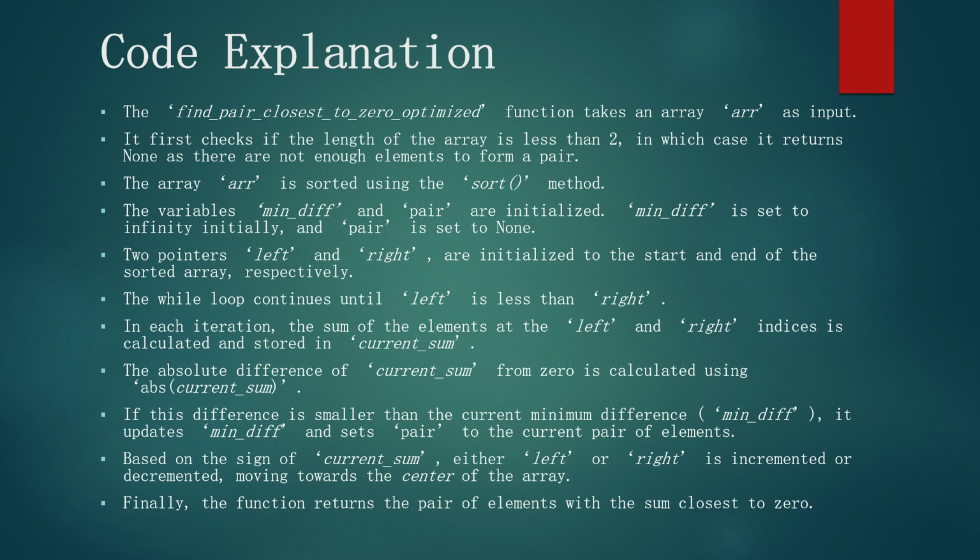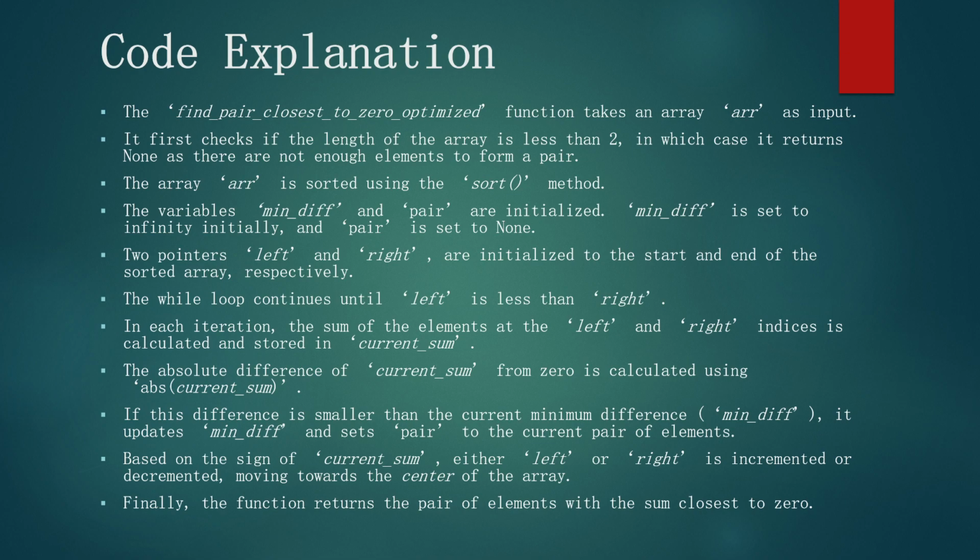The array is sorted using the sort method. The variables minimum difference and pair are initialized. Minimum difference is set to infinity initially and pair is set to None.